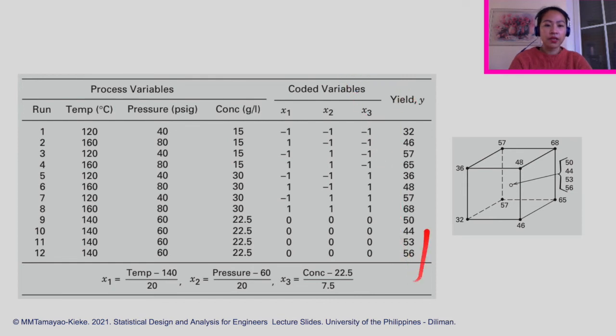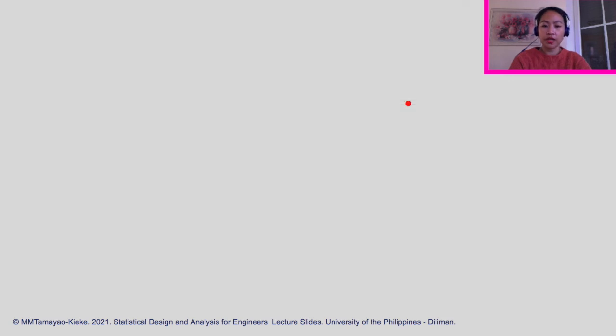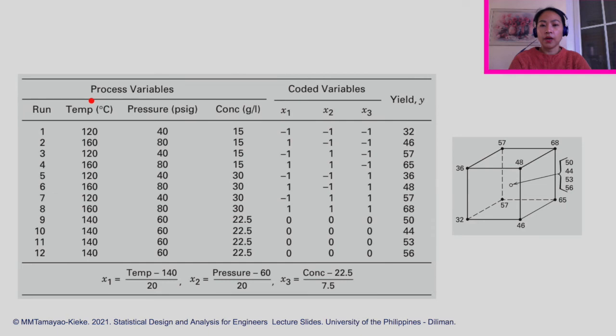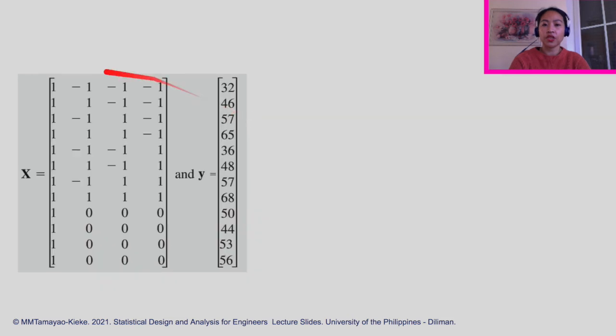And these are the values for your response variable, y, which is yield. Again, we can express this in matrix form. Our X matrix is equal to this. You have 1 in the first column, and these would be the coded values of the variables for temperature, pressure, and concentration, respectively. And then these are the observed values for yield.